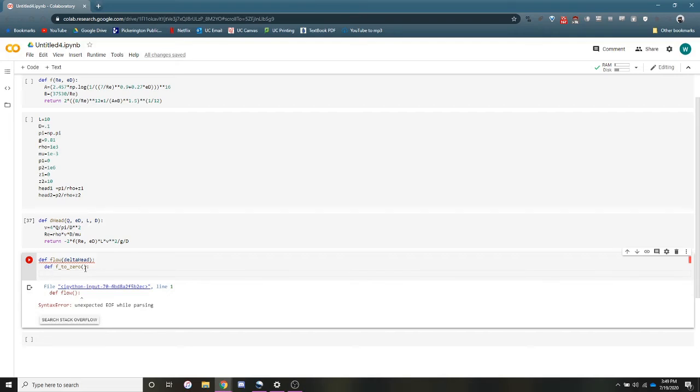So that looks like using our previously calculated d head function and subtracting that from our input delta head.